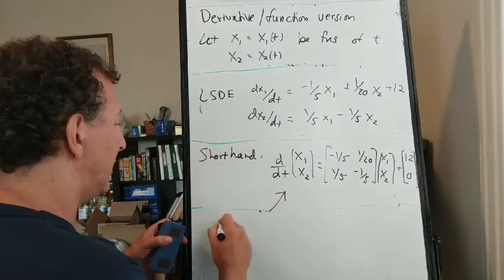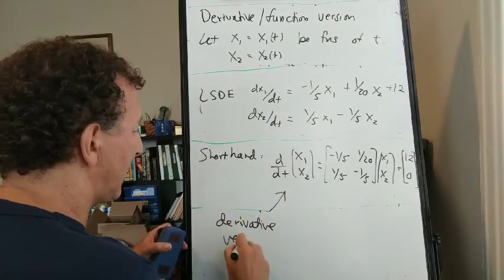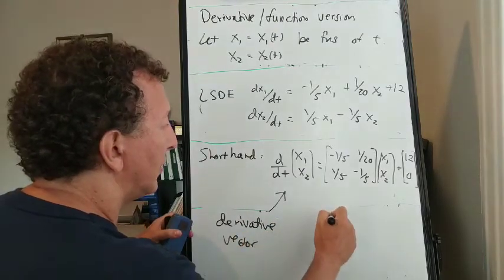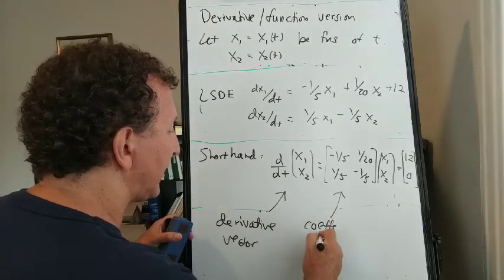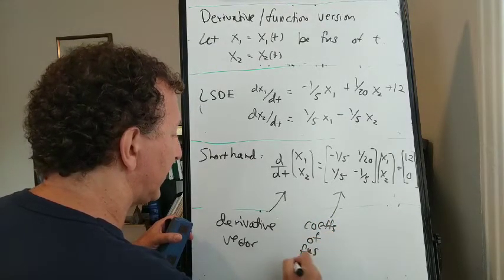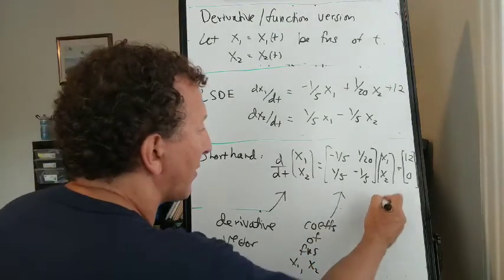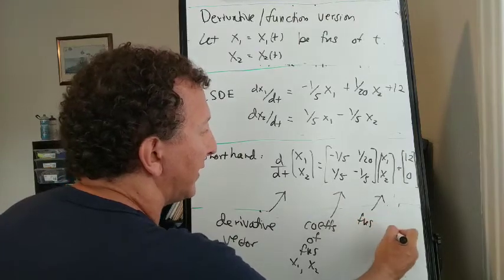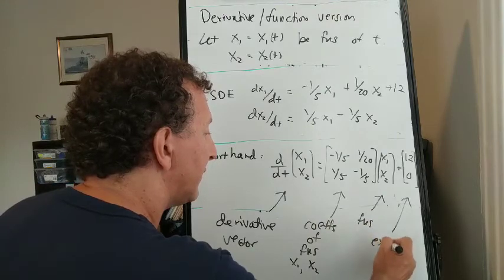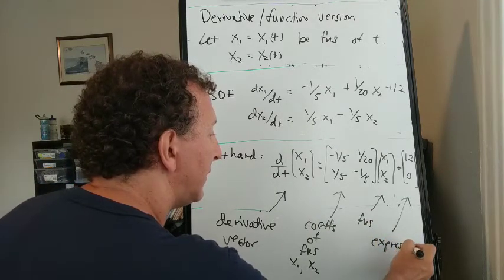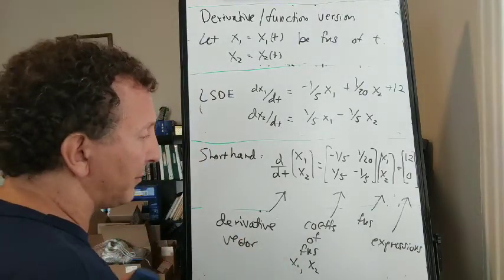So we have the derivative vector. We've got a matrix of coefficients of the functions x1 and x2. We've got the functions, and then we've got expressions, numbers here.